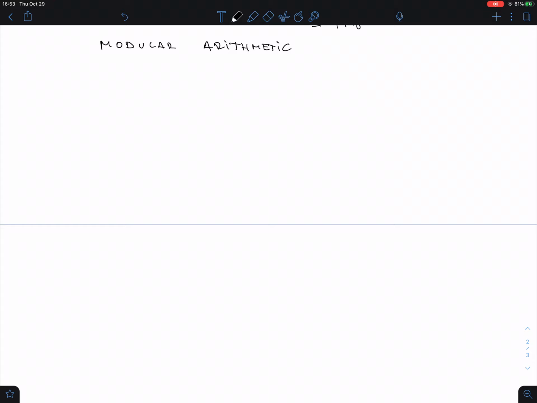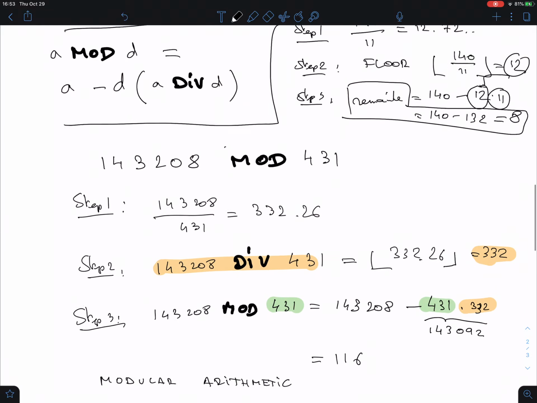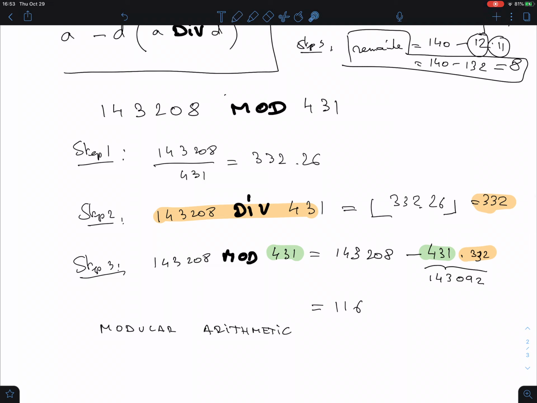As with regular numbers, except that we're going to keep taking this mod operation with a fixed number. So modular arithmetic is always modulo a certain number. In my last calculation, that modulus was 431. So I was calculating basically this number modulo 431, and in other words, that was the remainder.